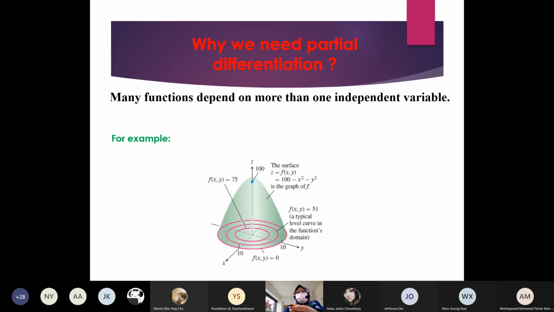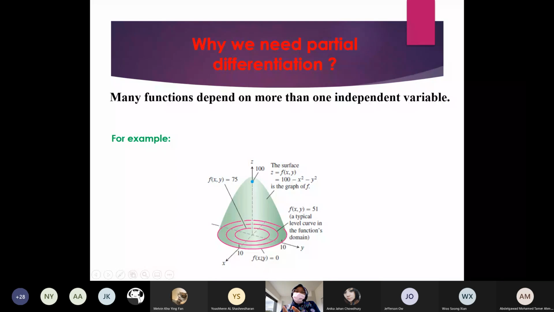For example, here we have this kind of shape. This shape is a function of x and y. At this circle on the bottom surface, the function depends only on x and y.